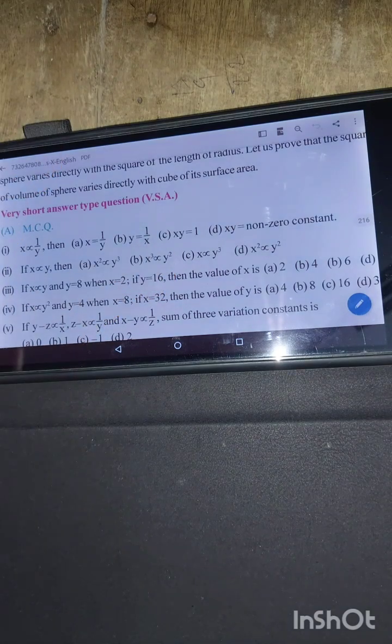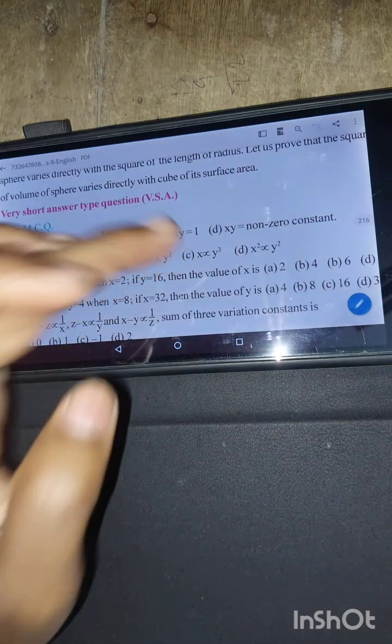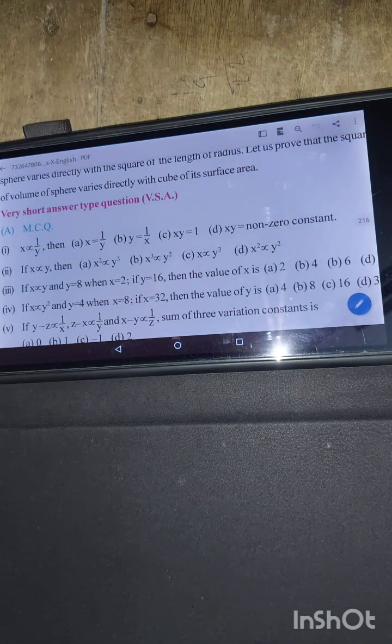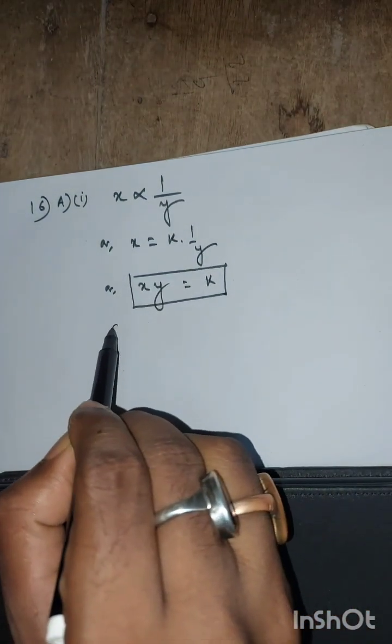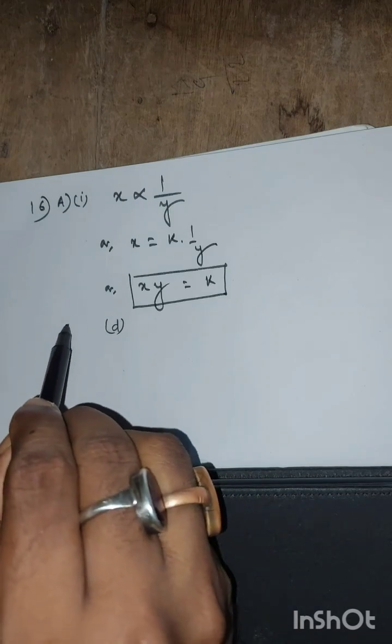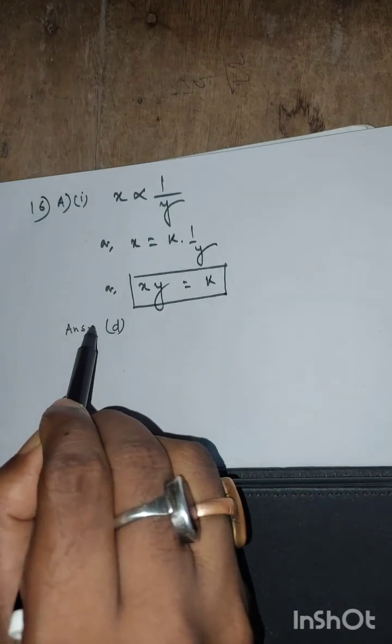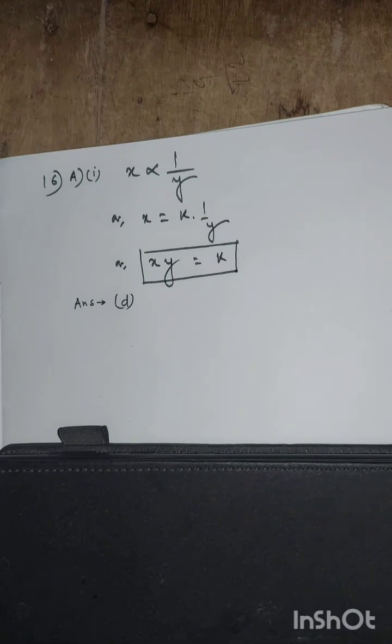Xy equal to 1, no, because we do not know the value of the variation constant, so we cannot say xy equal to 1. D, xy equal to non-zero constant. Yes, this is our correct answer, option D.